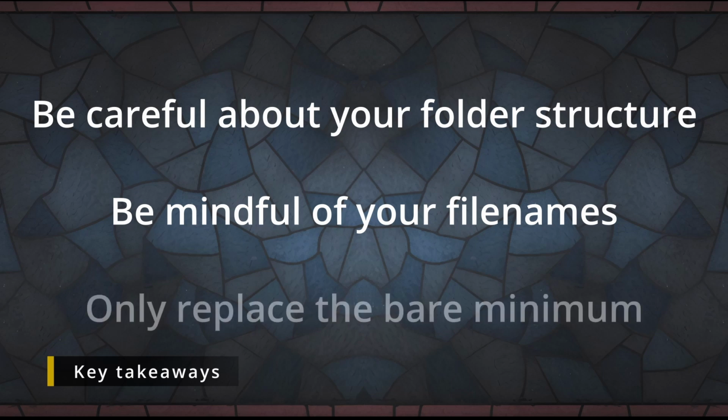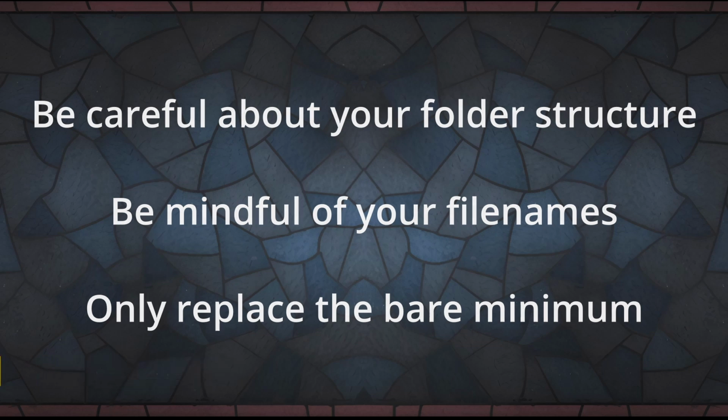Whenever you can, you should put in your mod only what is necessary for it to work, and avoid replacing objects that you don't need to, because it will cause compatibility issues with other mods that might be changing those very same objects. But compatibility will be covered in other videos as well.